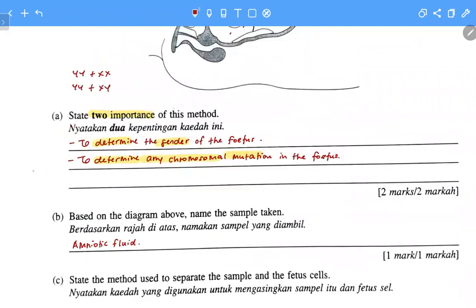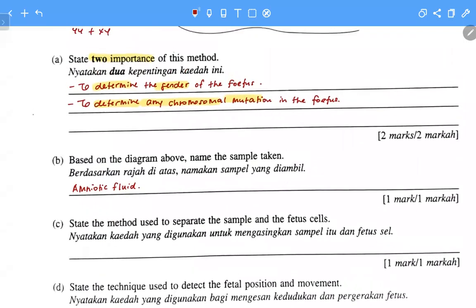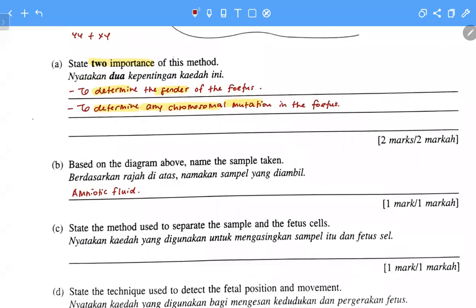Okay, I think what it means is chorionic villus sampling. Wait, let me double check the name. I don't know how to spell it.